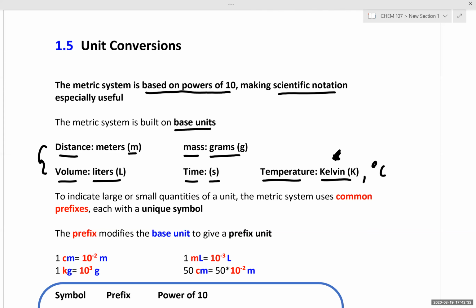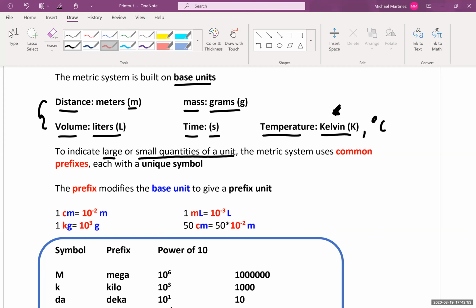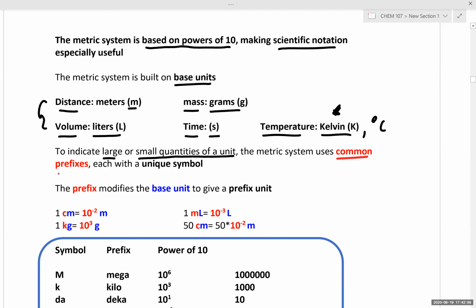And these are standard units of measurement that correspond to a discrete quantity in our physical world. So the meter is a discrete distance in our physical world. Okay, now to indicate large or small quantities of a unit of measurement, the metric system utilizes a set of common prefixes, each with a unique symbol.